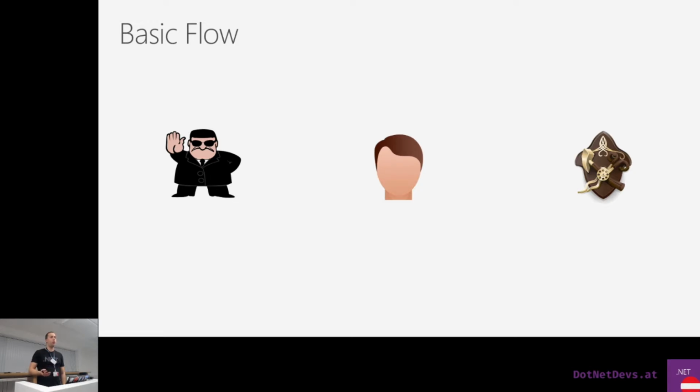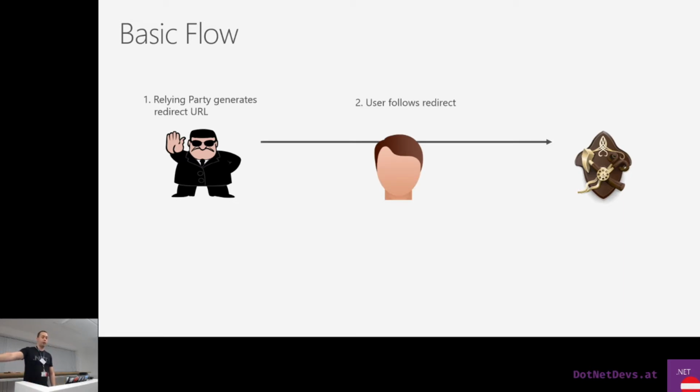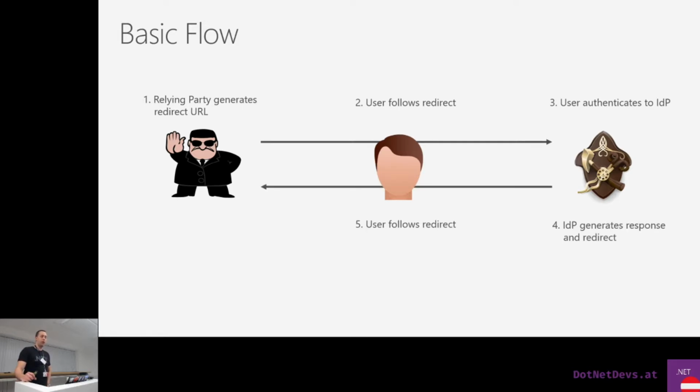But most of these protocols have a few things in common, right? So there is this basic concept, this basic flow, that whenever I want to log in, I go to the application, it tells me, oh, I should log in, right? So it will generate a redirect and send the user to the identity provider, right, through a redirect. And once the user is logged in and authenticates, there will be another redirect back to the relying party.